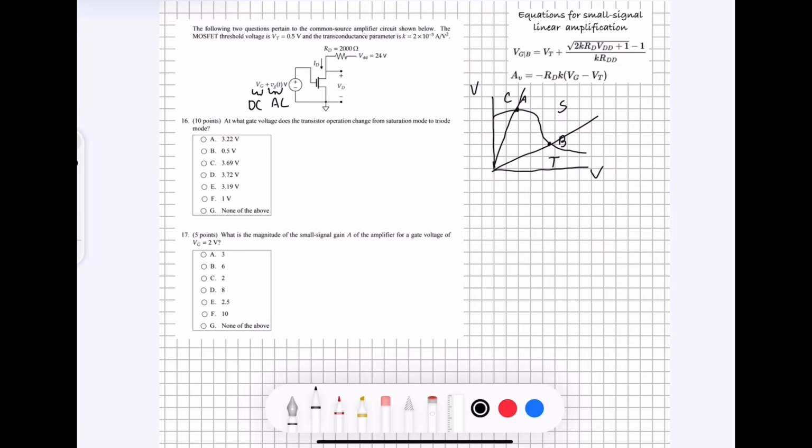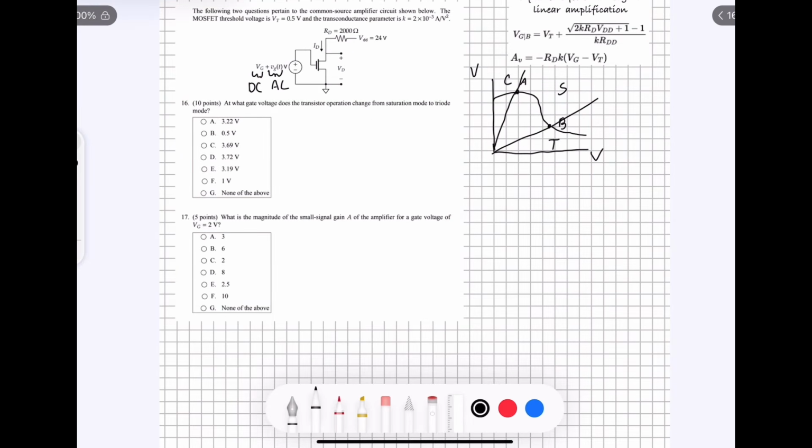All right, so if we use this equation to solve question 16, we can write it like this. VGB equals, we know that VT is equal to 0.5, and then we put in the square root: 2 multiplied by K, which is 2 times 10 to the negative 3, multiplied by RD, which is equal to 2,000, multiplied by VDD, which is 24 volts.